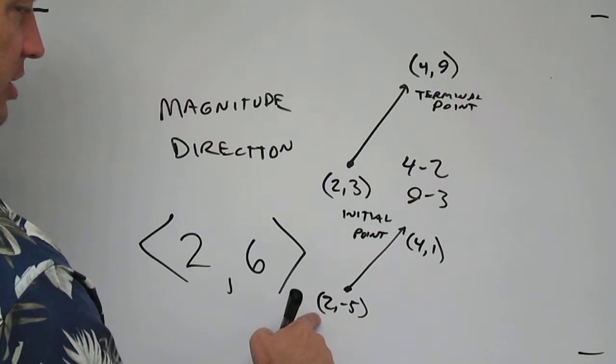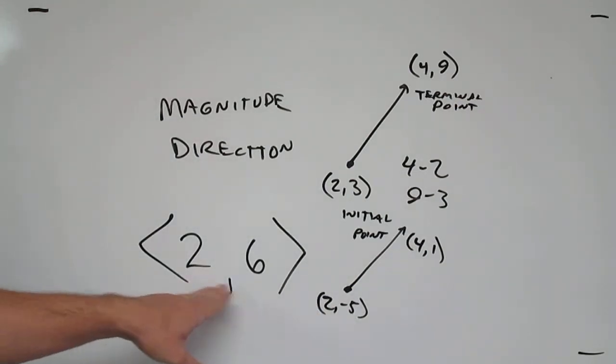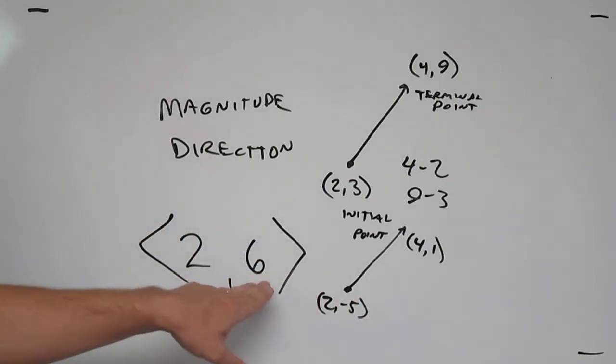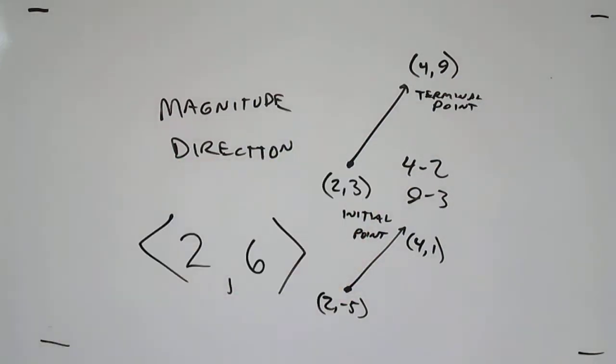If I did 4 minus 2, I'd get 2, and if I did 1 minus negative 5, I'd get 6. These two vectors would be considered equal. I like the geometry term of congruent better, but it's just showing that they're going in the same direction. They are not the same, but they're equal in their magnitude and their direction. Okay?